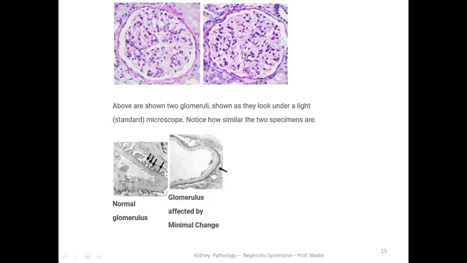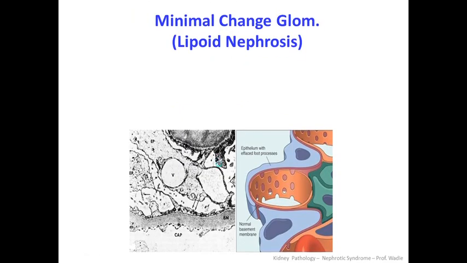Another picture, you find no difference between a normal glomerulus and a glomerulus with minimal change disease by the light microscope, and when it comes to the electron microscope, in the normal glomerulus you find foot processes, whereas in the glomerulus with minimal changes, you do not find the foot processes.